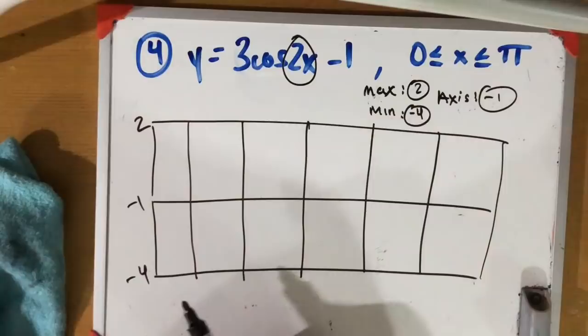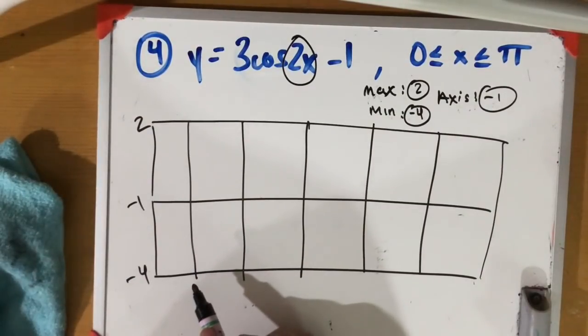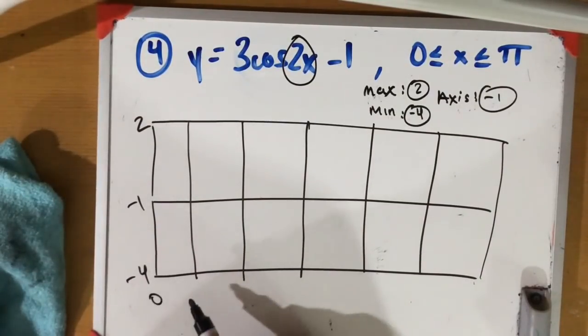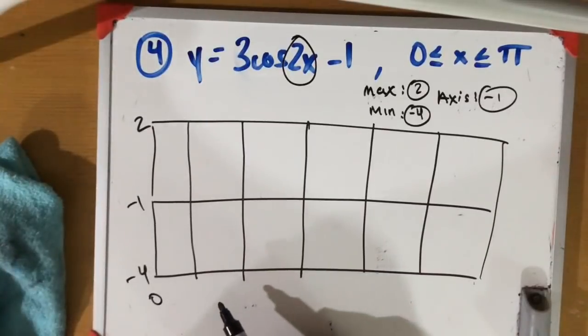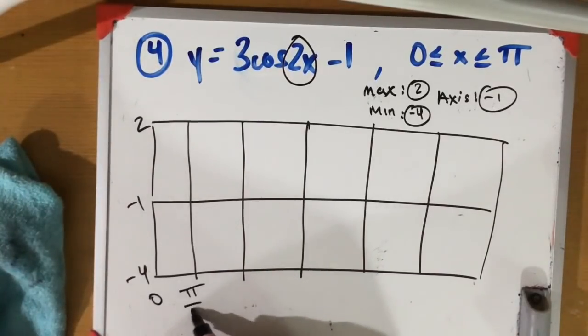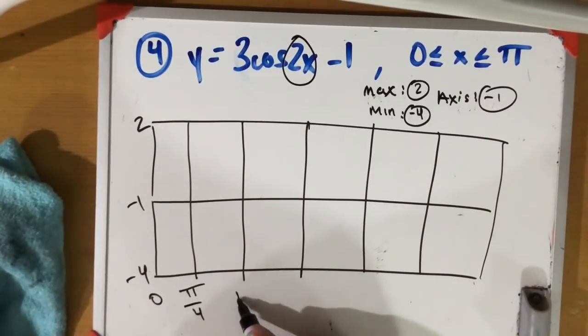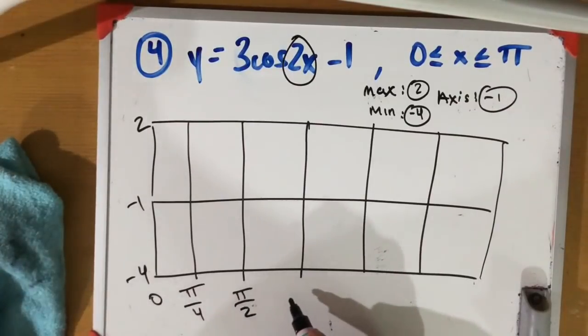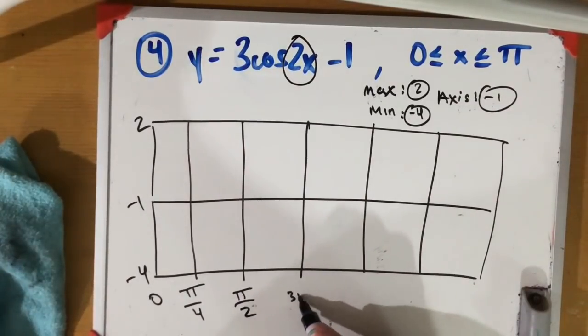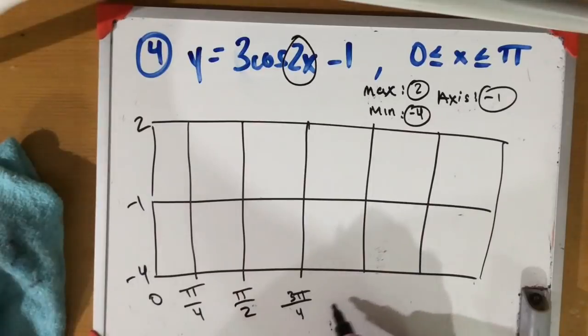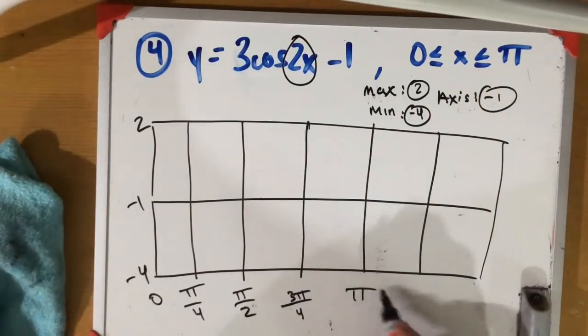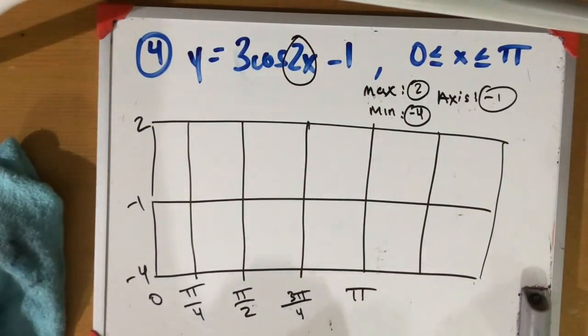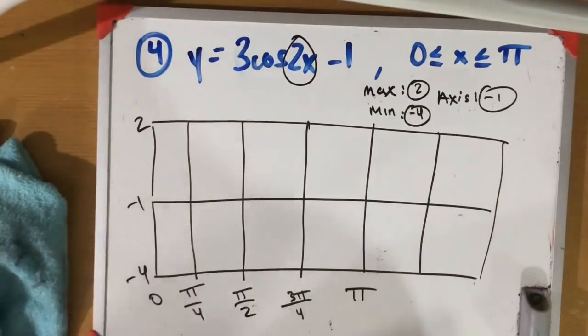So cosine, we're going to go 90 divided by 2, so everything is going to be in steps of pi over 4. So pi over 4, we got pi over 2, which is 90. 3 pi over 4, 135, and then of course just pi. All right, so we can go ahead and graph this.